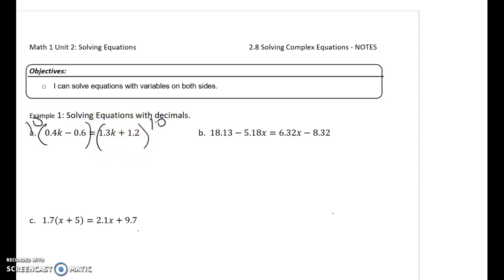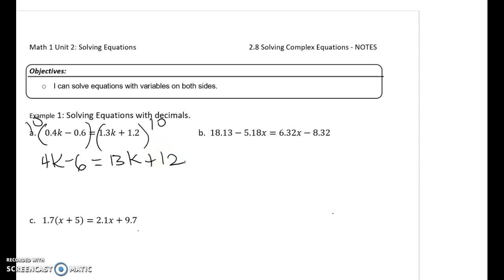All right, so multiplying the left side by 10, 10 times 0.4 is going to give us 4, and 10 times 0.6 gives us 6. 1.3 times 10, 13k. Then 1.2 times 10 will give us 12.